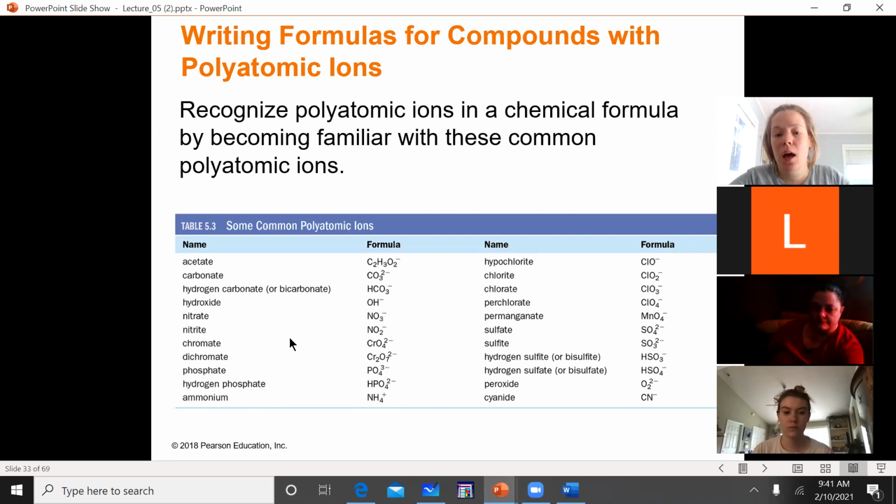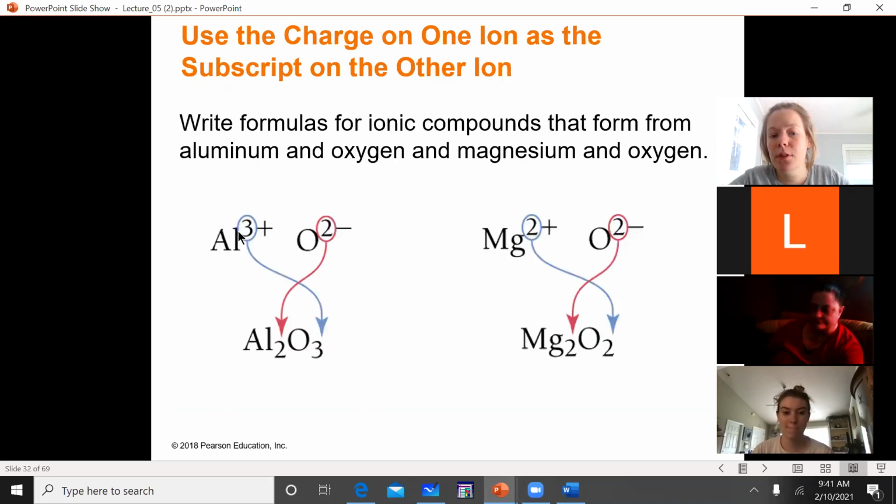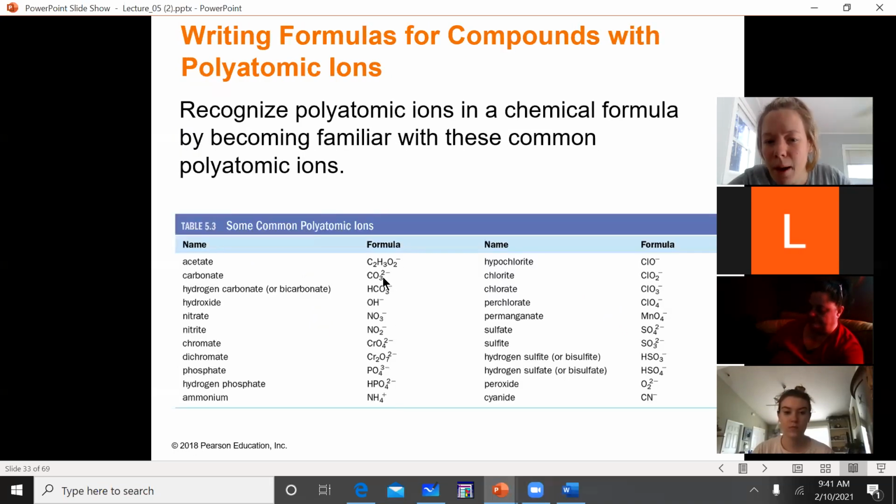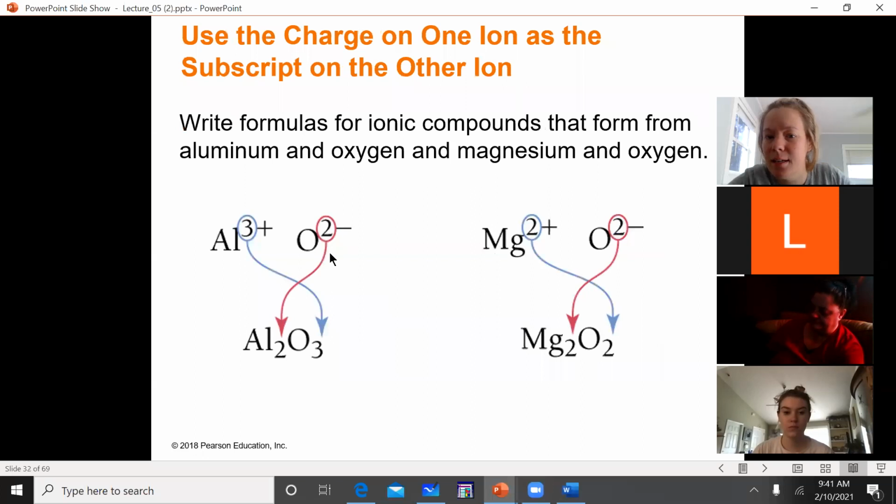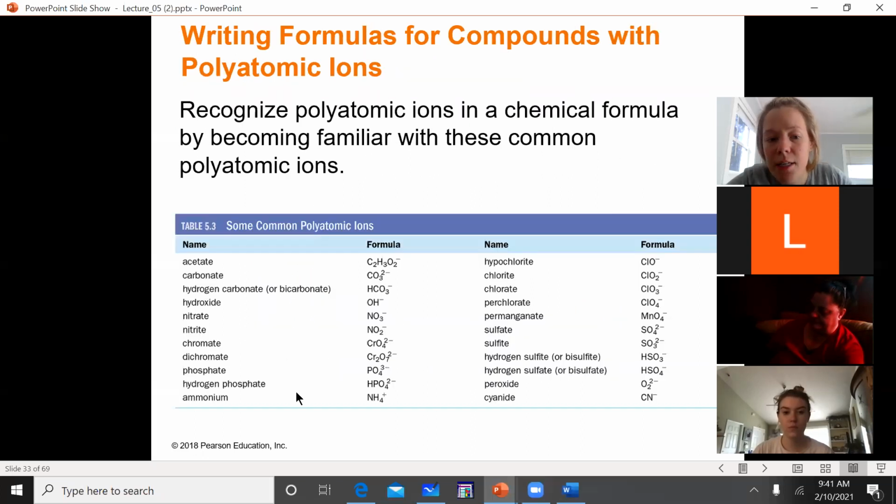And just like we flip-flop charges for a metal and a non-metal, we can flip-flop charges for a metal and a polyatomic ion. If you look, most of the polyatomic ions have negative charges, right? So most of them are going to behave as the non-metal. There is one that has a positive charge, ammonium. Do you see how it's NH4 plus?